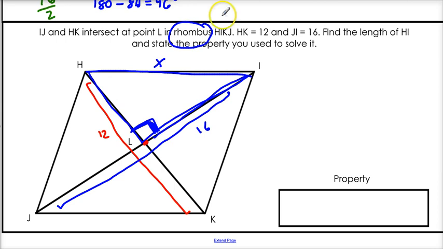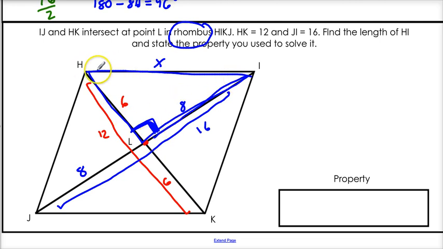The property of a parallelogram that we know is that the diagonals bisect each other. So if this whole thing is 12, this is 6 and this is 6. And if this whole thing is 16, this is 8 and this is 8. Remember, because the diagonals bisect each other. So this is 6, this is 8.